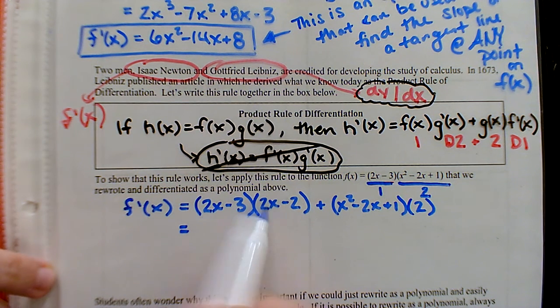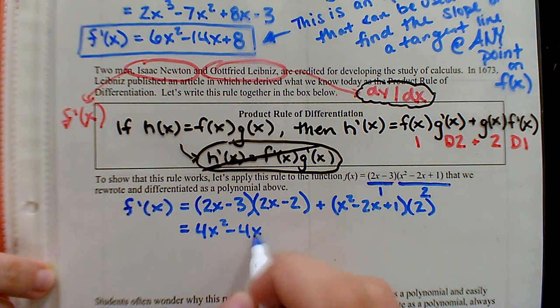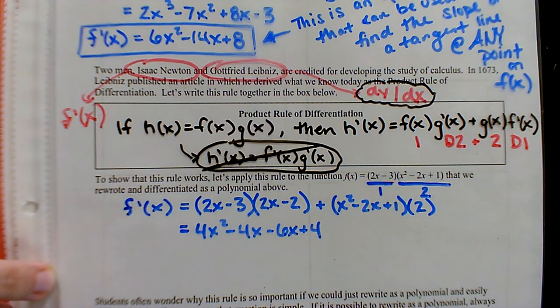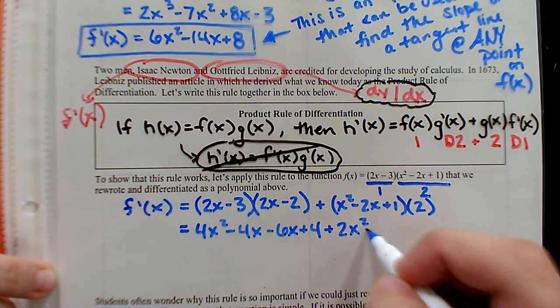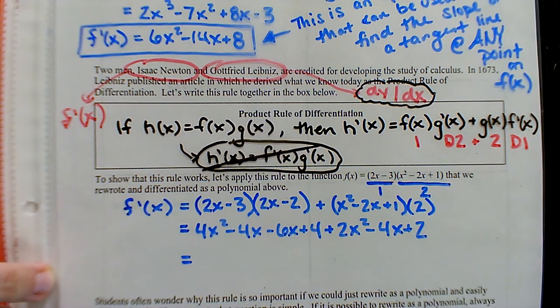So we have a little distribution FOIL process to do on the first two terms. And then for the last set of parentheses, we can just distribute in the 2. And let's go ahead and combine all the like terms in the end.